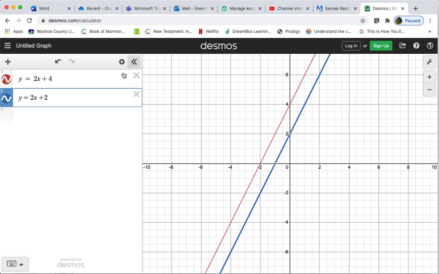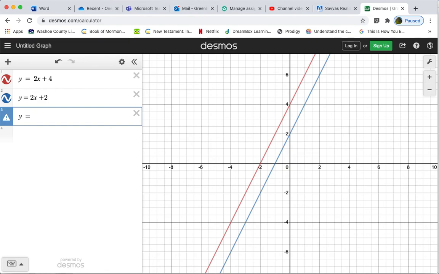Okay, and then we'll just say that red is our original line. For our perpendicular line, so our line that crosses at 90 degrees, it can have the same y-intercept, but it doesn't have to. So we're going to set that one to y equals the opposite and inverse.